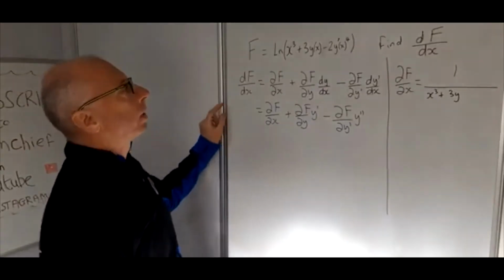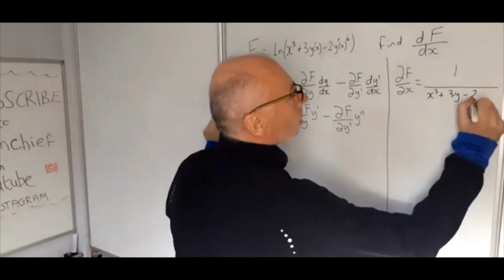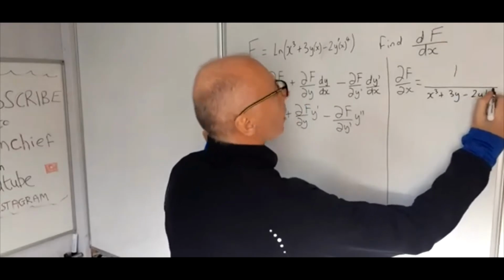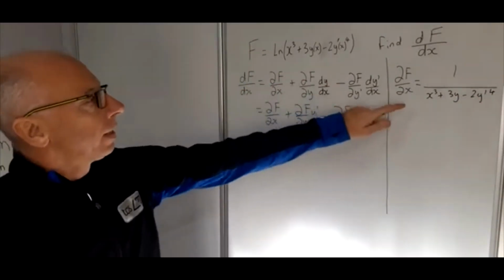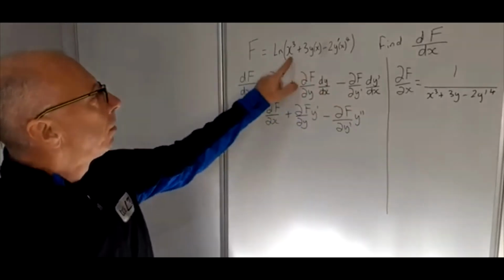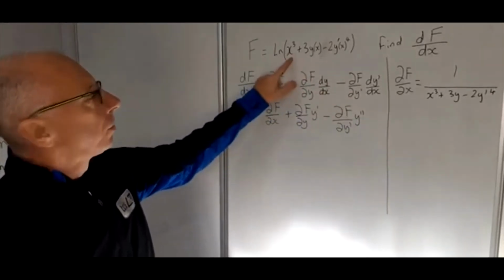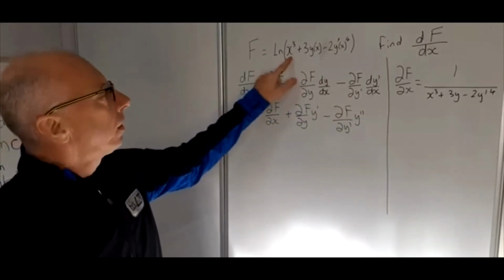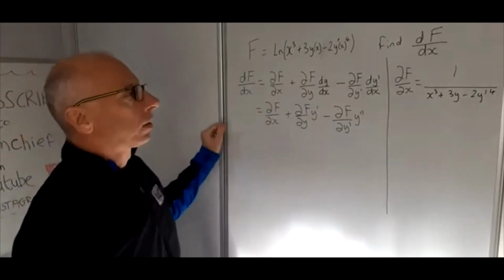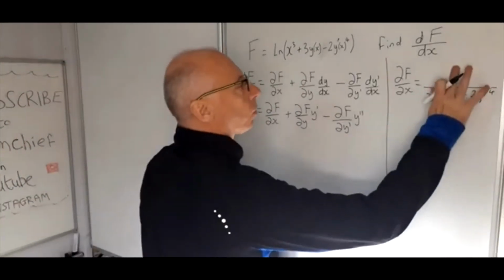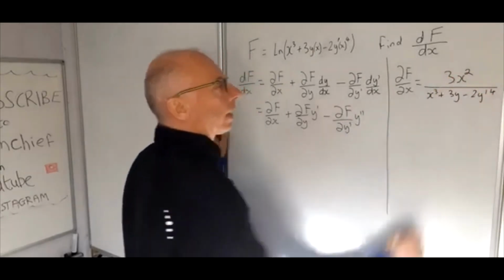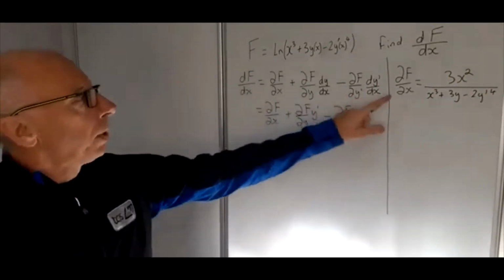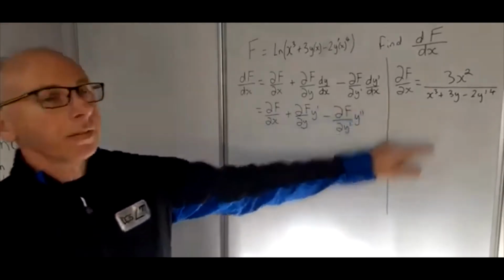And then minus 2y prime to the power of 4. Now by the chain rule, we need to multiply by the derivative with regards to x of x cubed, to be correct for the partial. So we can get rid of this 1 and write 3x squared. That's the partial derivative with regards to x.